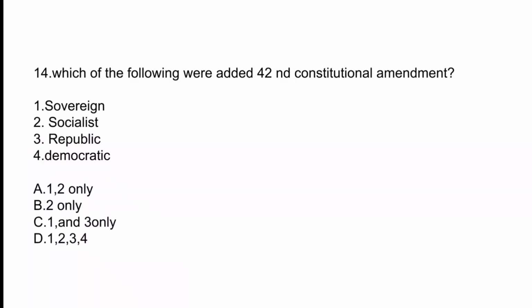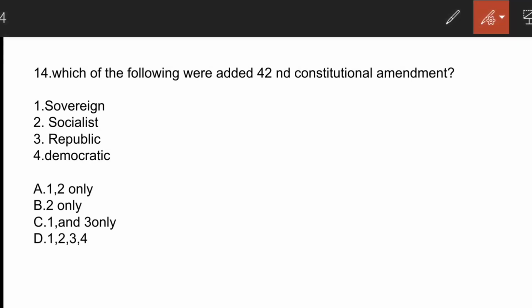Which of the following were added by the 42nd Constitutional Amendment? Here the correct answer is option B, 2 only, because sovereign, republic and democratic were already there in the constitution. The new words added were socialist, secular and integrity. Moving on to the next slide.